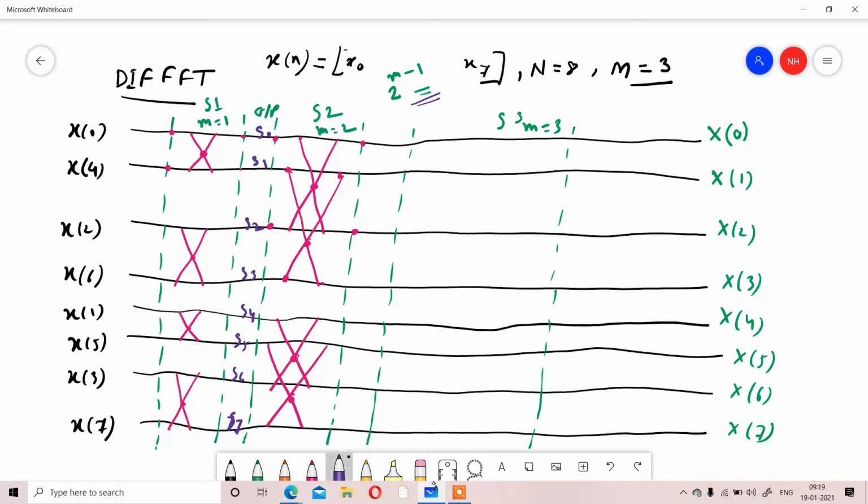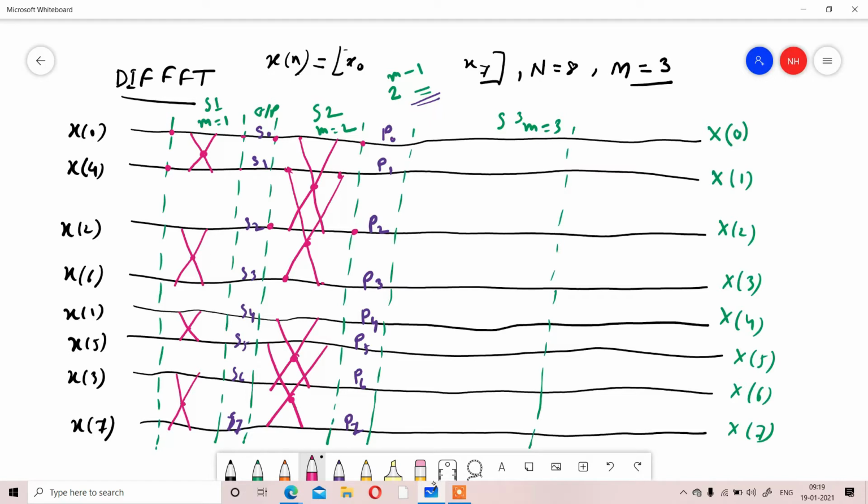So with respect to that, you will get your output as suppose P0, P1, P2, P3, P4, P5, P6 and P7. And similarly for stage 3, you have to design in the same way. For stage 3, for small m equal to 3, you can check the bit separation will be 4, 2 to the power 3 minus 1, that will be 4.